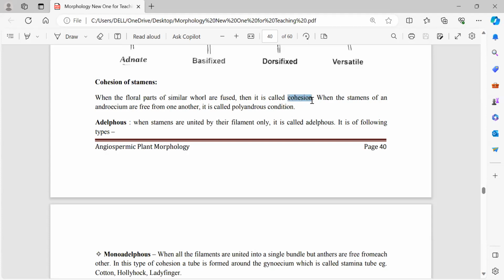Cohesion. For example, petals can be fused among themselves, sepals can be fused among themselves, stamens can be fused among themselves, carpels can be fused among themselves. That condition is called cohesion.